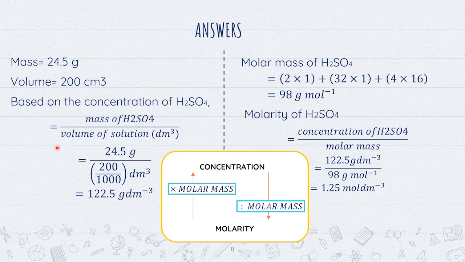By substituting the values, we get the concentration of sulfuric acid as 122.5 gram per decimeter cubed. After finding the concentration, we can proceed to finding the molarity of sulfuric acid, using the formula: concentration of sulfuric acid divided by the molar mass, and we get the answer of 1.25 mole per decimeter cubed.